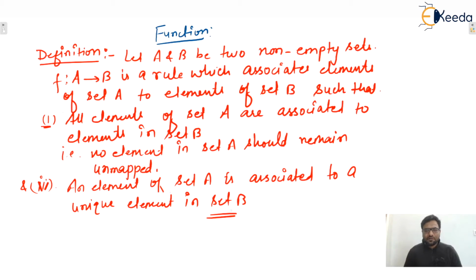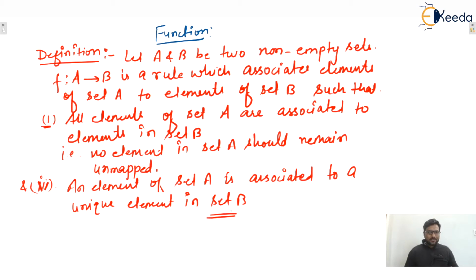A function from set A to set B is a rule that associates the elements of set A with the elements of set B, with these two restrictions. First, all elements of set A must be associated, and second, an element of set A must be associated to a unique element in set B.